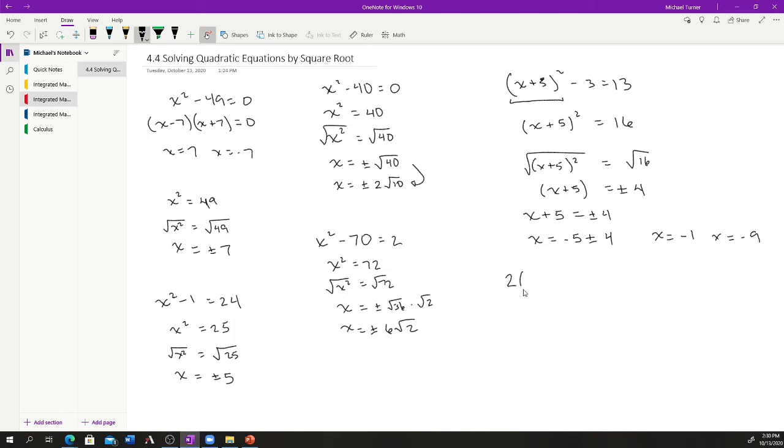Let's try another one. 2 times x plus 3 quantity squared plus 4 equals, let's do 68. So same thing, treating that as though it was my variable. I would first subtract 4 on both sides.